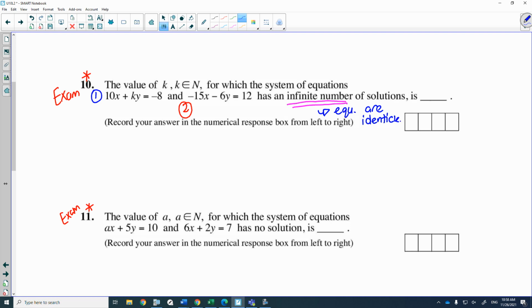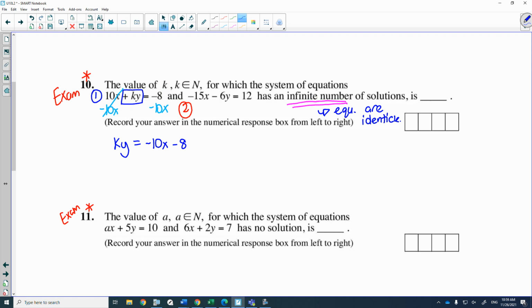Okay, let's get system number 1, isolate y. It's got a k with it, which is what we're going to be figuring out. But I'm going to box this in. I want to isolate y like I normally would. Y is positive, so I'm going to get rid of this 10x. Then I have ky is equal to, again, do slope first and then y-intercept, so negative 10x minus 8.